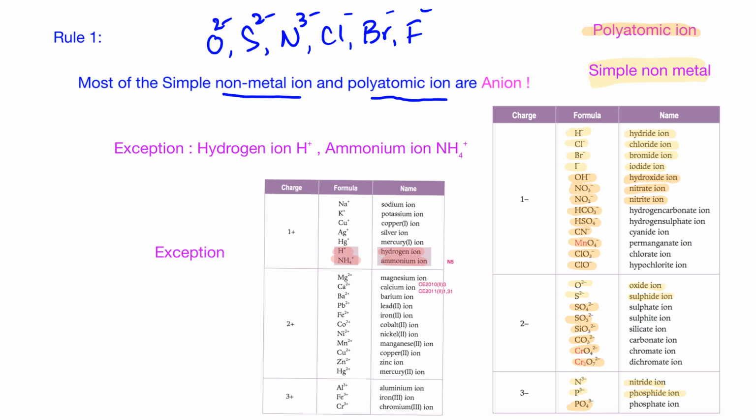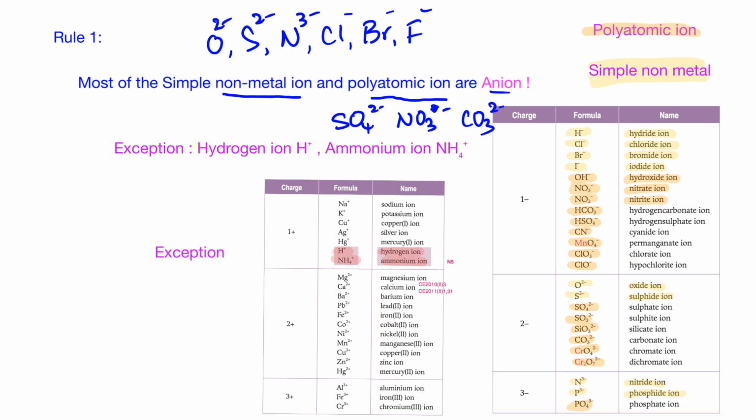So if you have a polyatomic ion like this, or for example like this, they are anions. When you make a wild guess, you should know that they should be negative. But of course we do have exceptions.